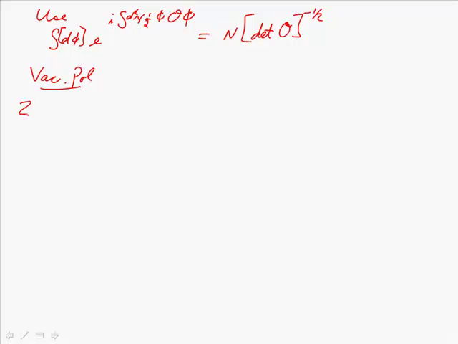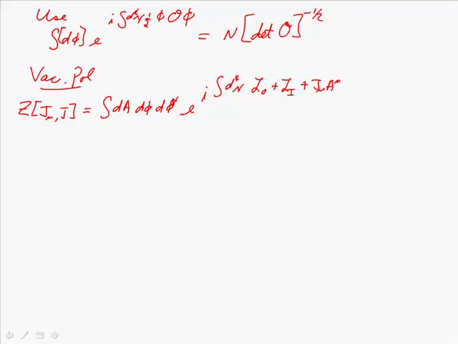And we have Z, again, J mu J, equals integral dA, d phi star, e to the i integral d4x, L0 plus Li plus J mu A mu plus J phi plus J star phi.